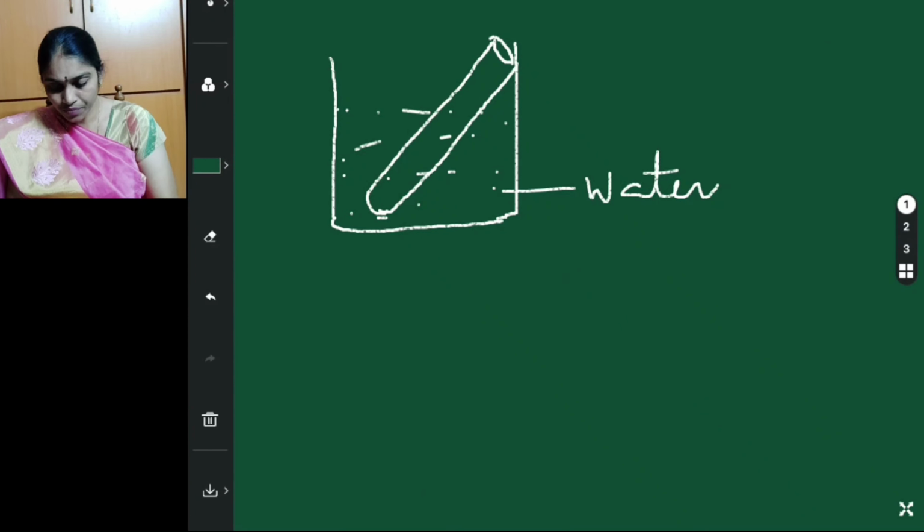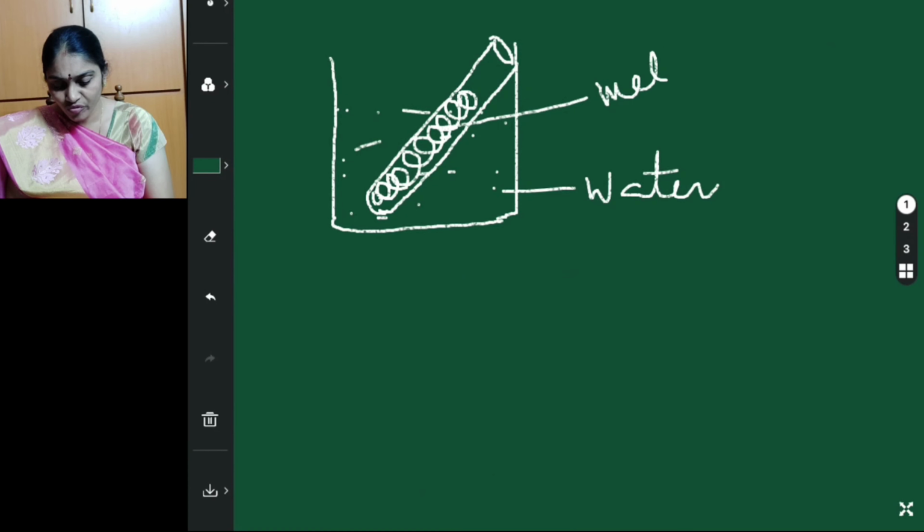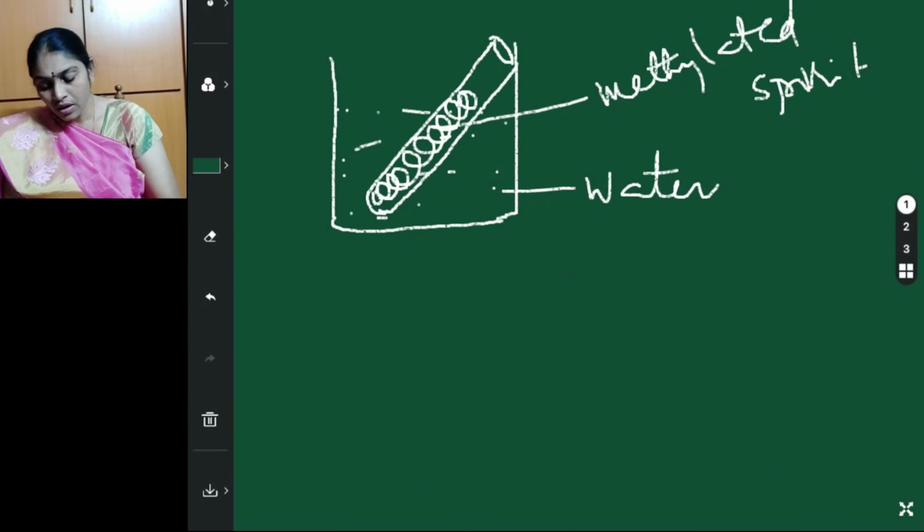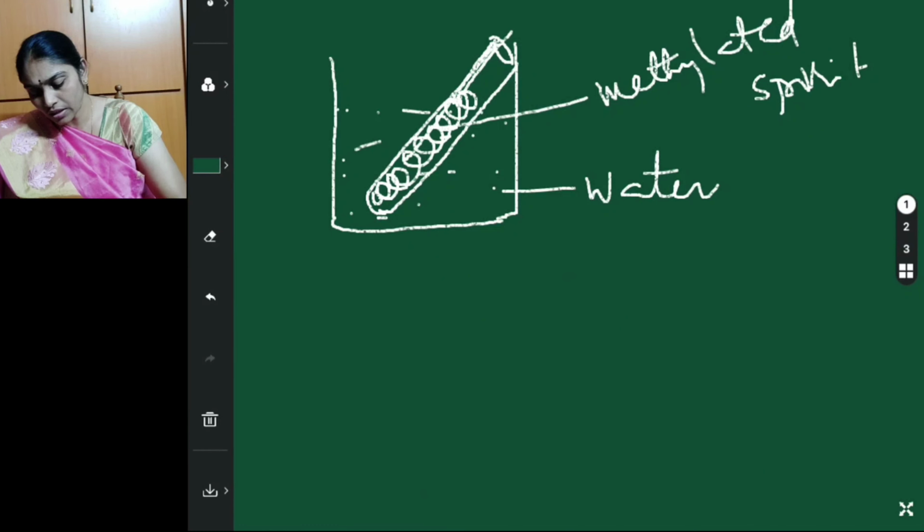In this you have to take three-fourths of methylated spirit, and in this we have to put a very thin, long leaf.